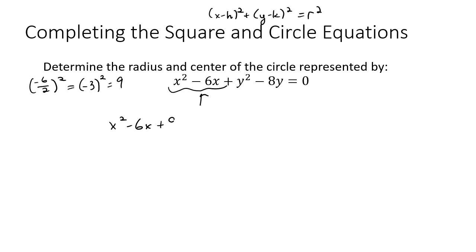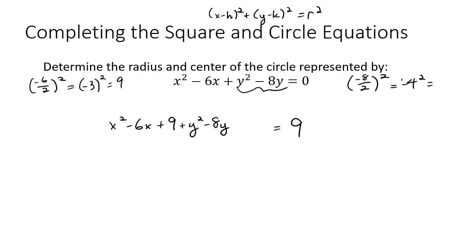So I'm going to add 9 to both sides of the equation. And then if I take the y squared minus 8y and focus on it, I'm going to do b over 2 quantity squared, which would give us 16. So I'm going to add 16 to both sides of the equation.